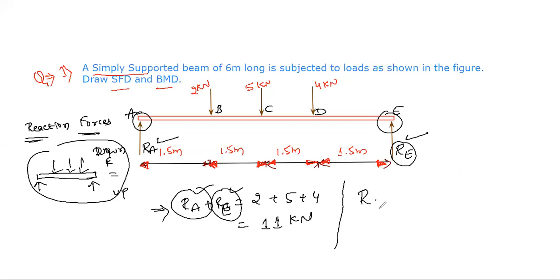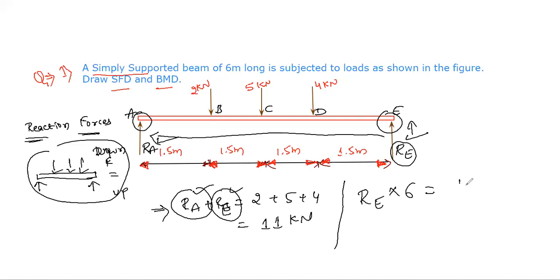Reaction force Re, this force into the distance till here. What is the length from here to here? 1.5 plus 1.5 plus 1.5 plus 1.5, it is 6, right? Re into 6 should be equal to these forces into their distances.